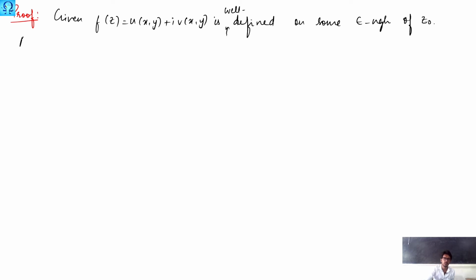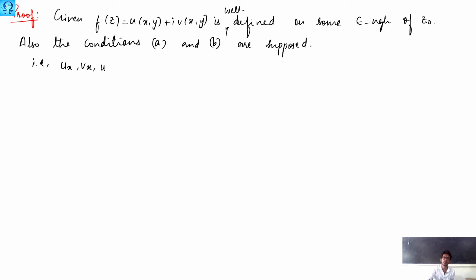Also the conditions A and B are supposed. So what were they? That is, ux, vx, uy, vy exist and they are continuous as well.